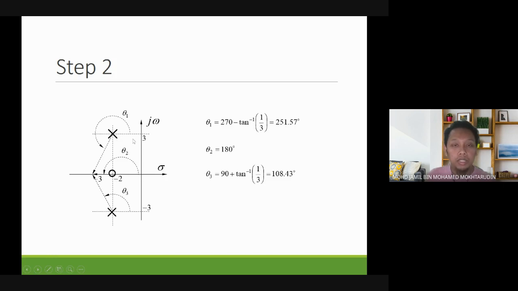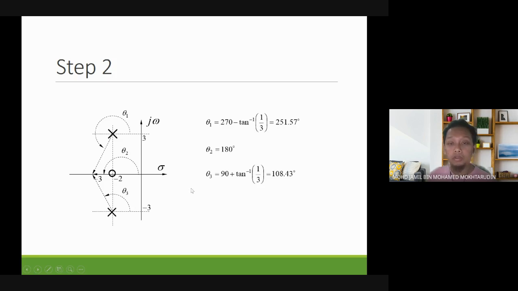So you can simply use 360 degrees, or maybe you can just use θ1 here and do something, okay? 360 degrees minus θ1. Okay, but in this case, it calculates again 90 plus tangent inverse of 1/3. Okay, but it's actually a mirror image about the real axis.